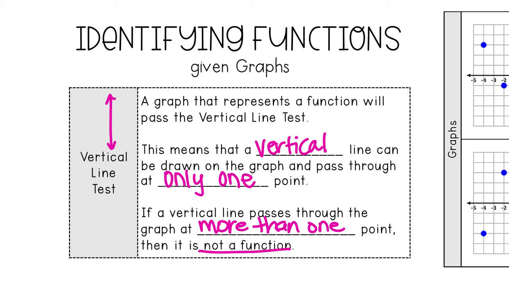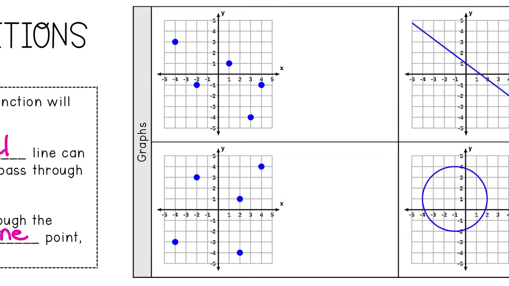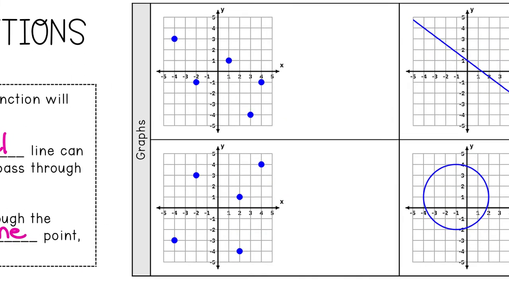So we're going to get lots of practice on graphs. So hopefully this will clear some things up. Okay, so let's take a look at the inside. All of them are graphs, but these first two are just kind of scatter plots. They just have points everywhere. So what we're going to do is draw some vertical lines and make sure that it only ever crosses through at one point.